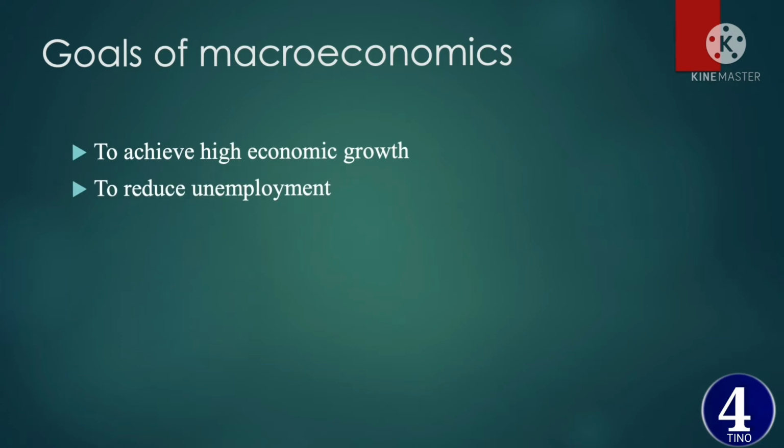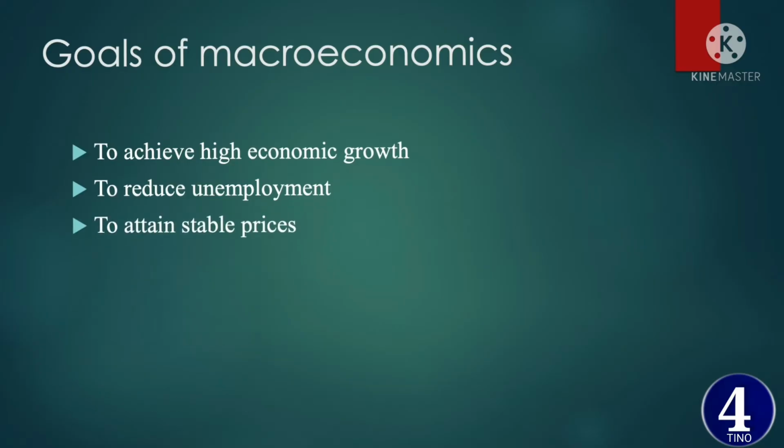When we say unemployment, it represents the number of people who are currently jobless and actively searching for a job but not able to find one. So we as a country shall reduce unemployment, and it is one of the goals of macroeconomics.